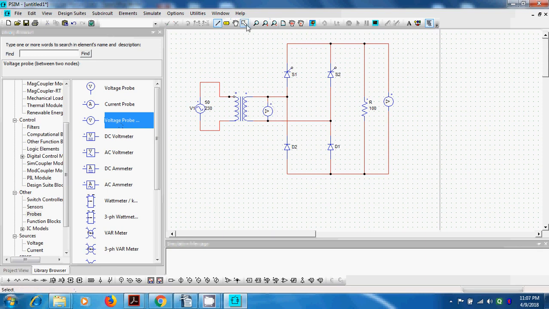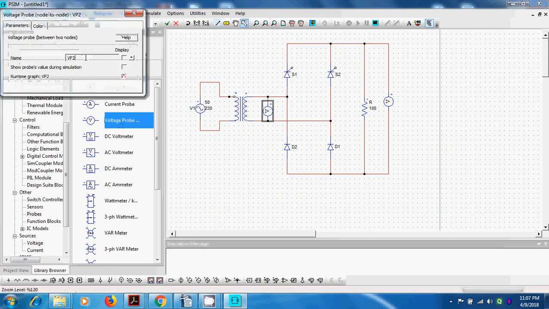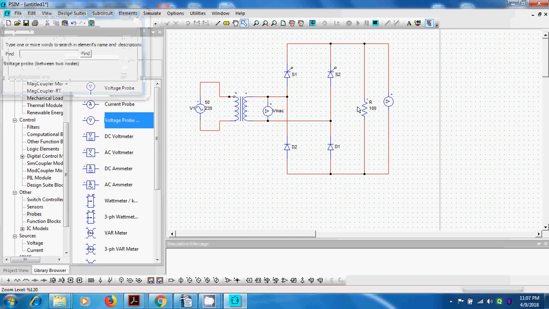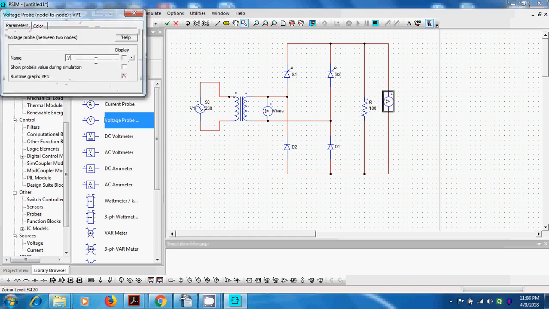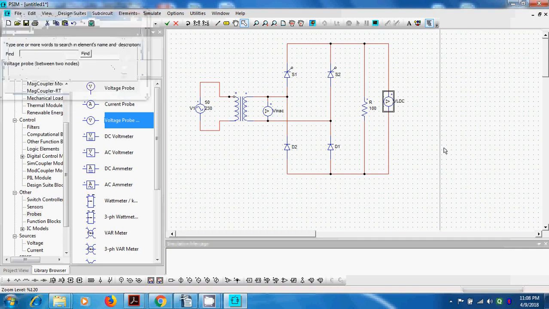Definitely double click. This is my input Vin AC, which is definitely nearby 36 volt, that is the peak value. And double click, this is my VLDC, my output voltage, which is my interest, the output voltage across this load, VLDC.